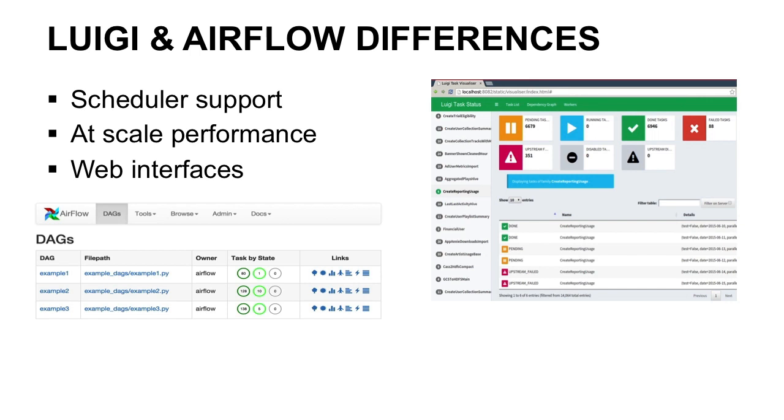Now let's move on to some of the larger distinctions between the two projects. One large difference is scheduler support. Currently, Airflow has built-in scheduling support via the executor, whereas Luigi advises users to rely on cron to start task processes. Another difference is the ability to scale.